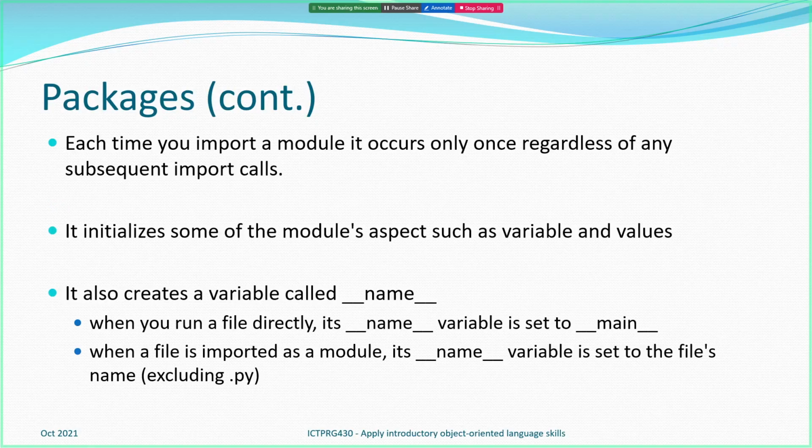Now, this will happen each time, and it uses this process so it can initiate all of the variables and the values that are in the module, and there will be a name variable created, and that file basically is a variable of the main, and it basically matches the name of the file.